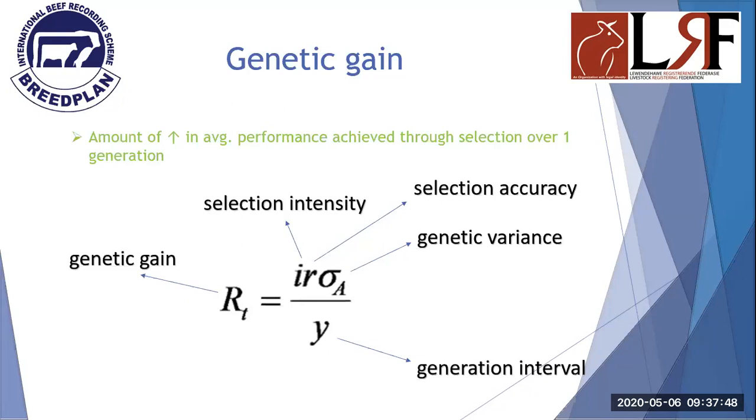And then at the bottom of the equation, we have the generation interval. This refers to the average age of the parents in a population at the birth of their offspring. So it's the average age of the animals that I select to become parents of the next generation. So if I select younger bulls, the generation interval will be smaller and I will have more genetic gain.